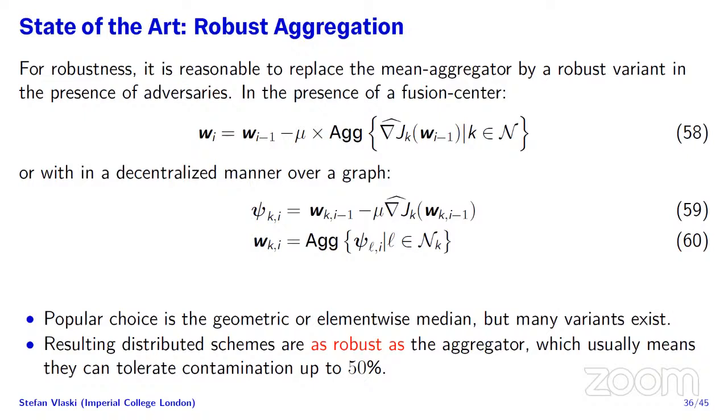And so the point is that if you use a full aggregation, okay, over a fully connected graph or using a fusion center, you're going to end up with a level of robustness which essentially matches the robustness of the underlying estimator, okay, which for something like the median corresponds to 50%, okay?